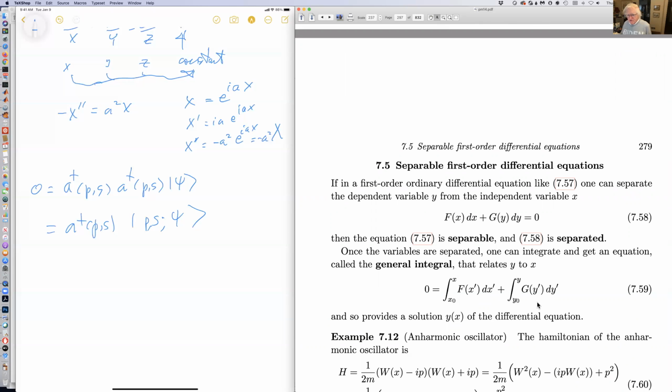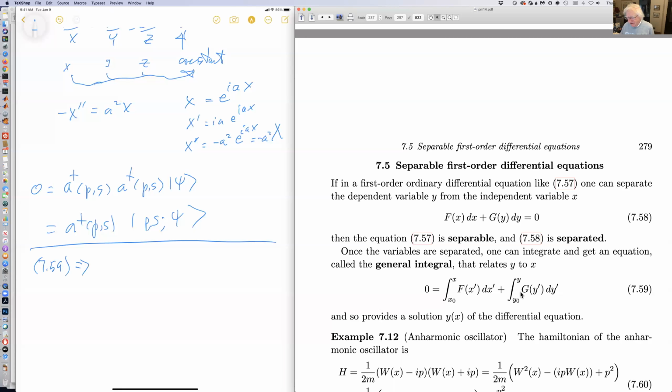And what do you wind up with eventually? Well, eventually you've got two constants, x0 and y0, and you've got a function involving x and y and two constants, and you solve that as a function y of x, and so you get then a solution. Then let me just say 7.59 imply.